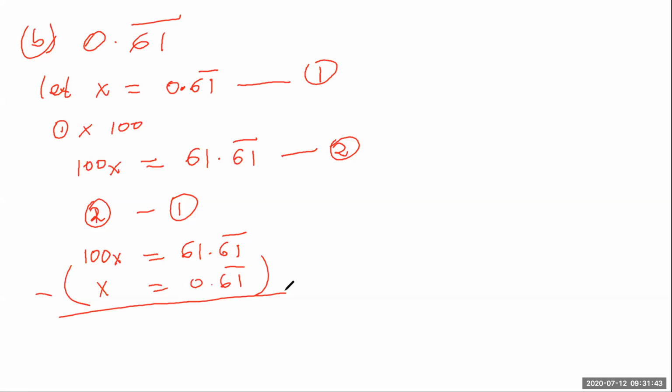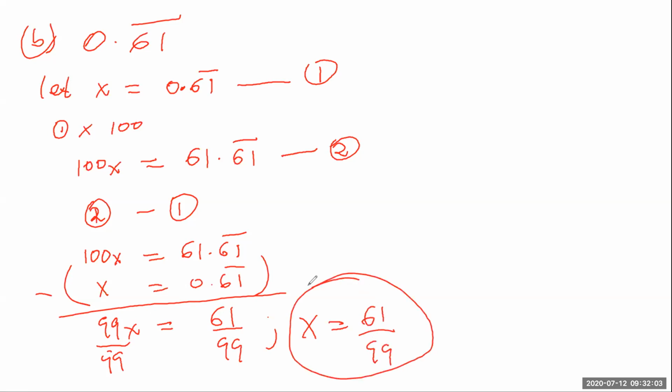Now that should give you 99x is equal to 61, and you divide by 99, and your x is now 61 over 99. So that is the fraction that gave you the repeating decimal 0.6161 repeating. Okay, so you are looking for the fraction basically that gave you that, and if you put that in your calculator, you get that answer.